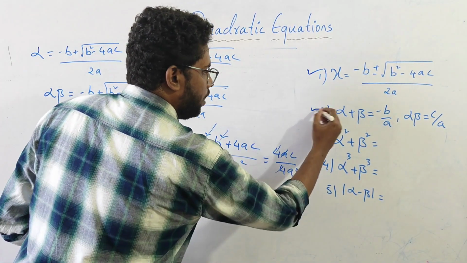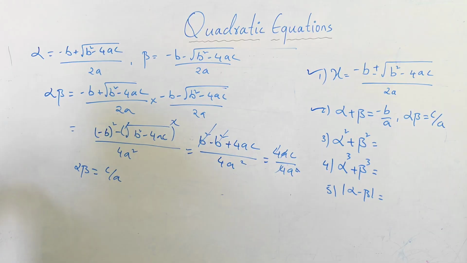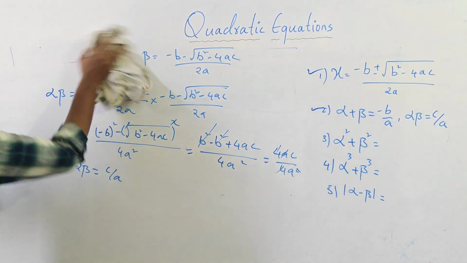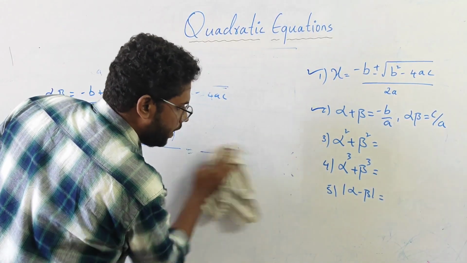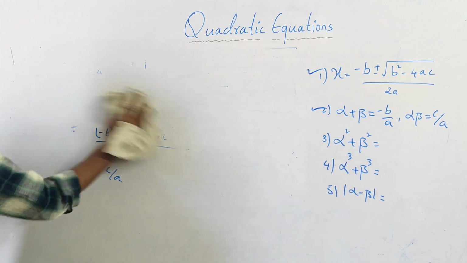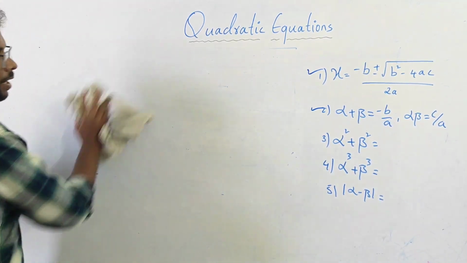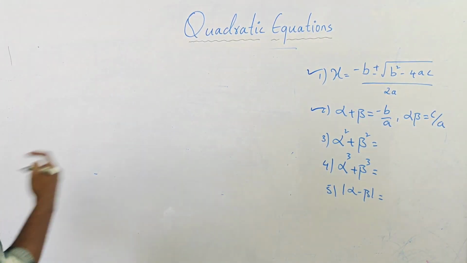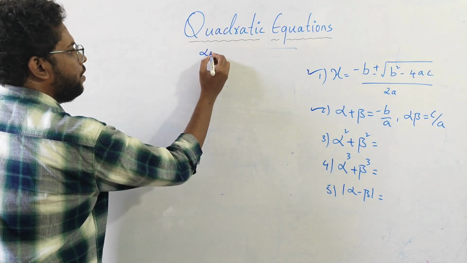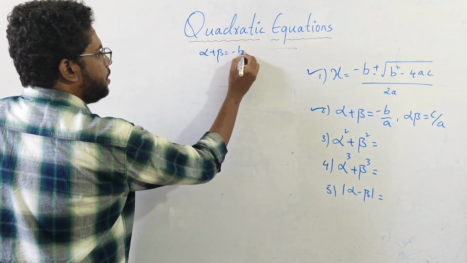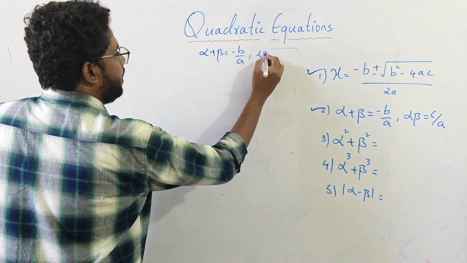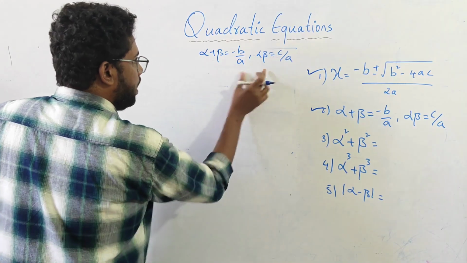Now let us move to the third part, how to find alpha square plus beta square. It is also very important for solving JEE problems. You should remember the value of alpha square plus beta square. So we already got alpha plus beta as minus b by a, and alpha beta as c by a. Now using this I'll find this.